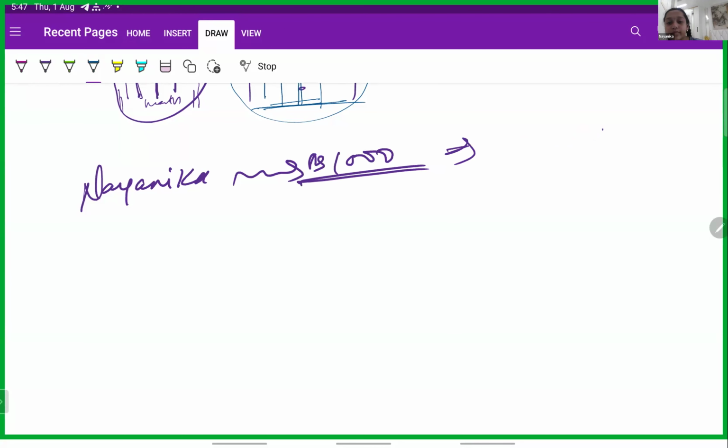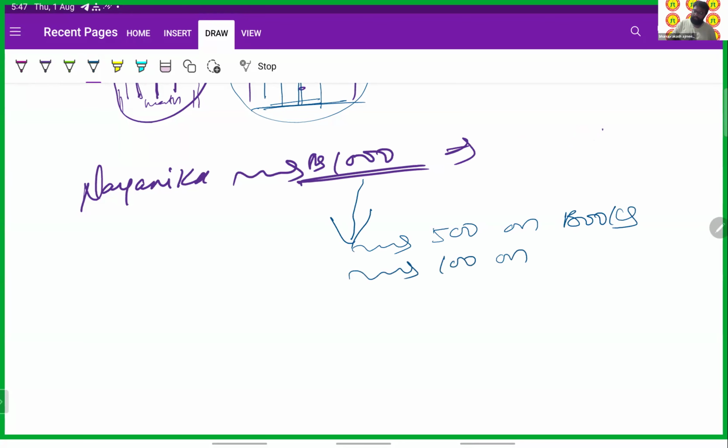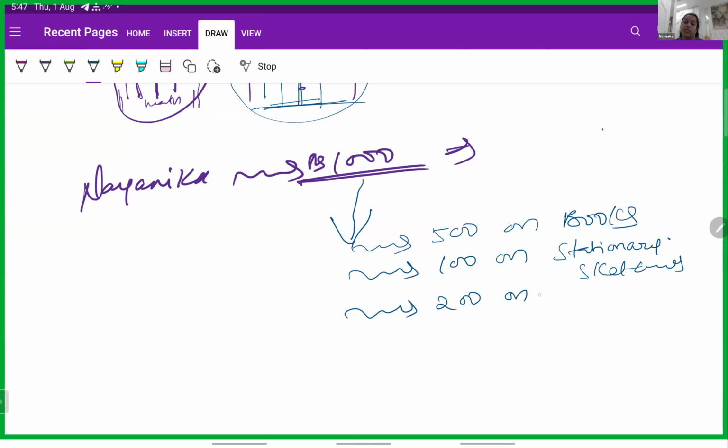From that 1,000 rupees, you spent 500 on books, 100 on stationery like pens and sketches, and another 200 on chocolates.